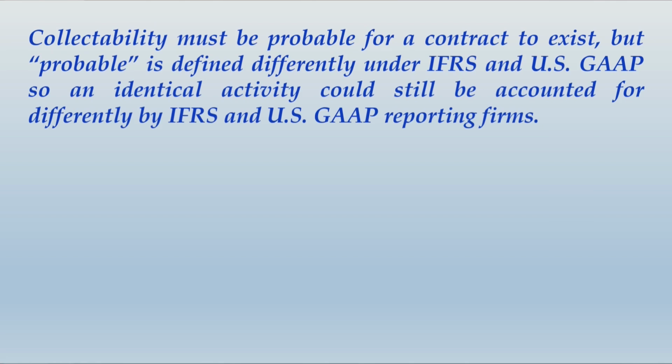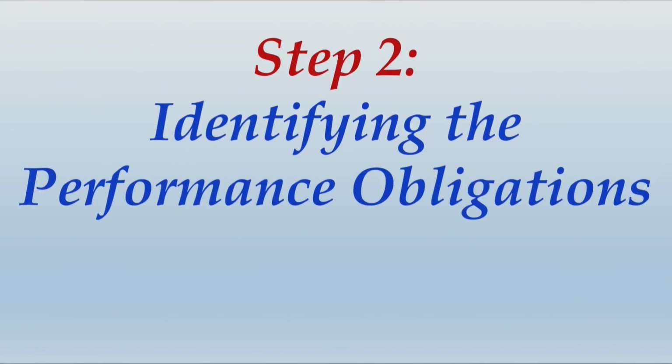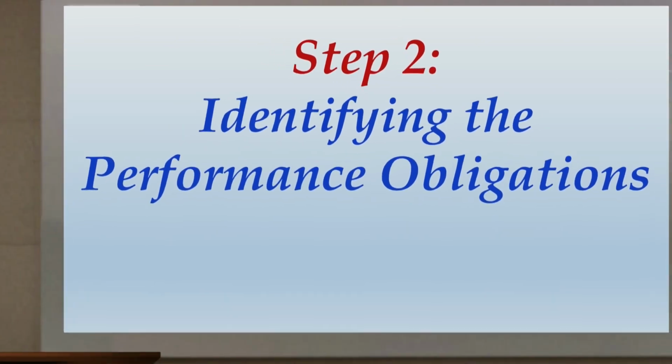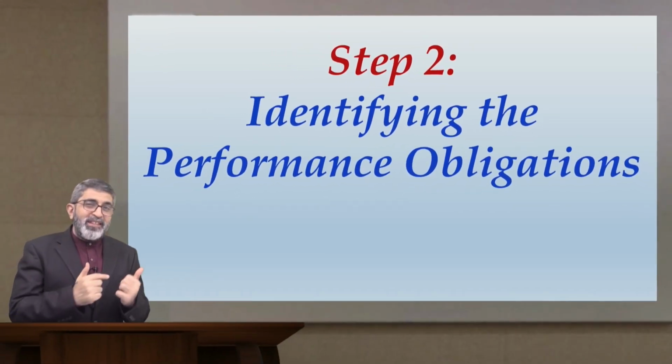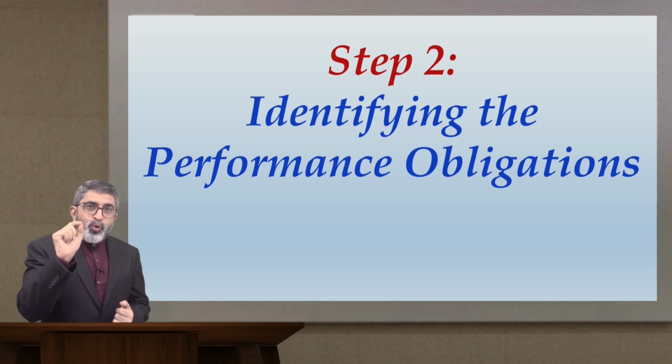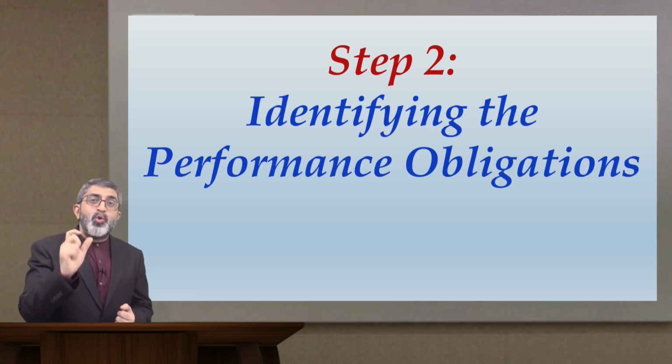Alright friends, once you have completed writing this small paragraph, let us move ahead, and now we deal with the second step, that is identifying the performance obligations. First of all, in this title, the word obligation is used in plural sense.